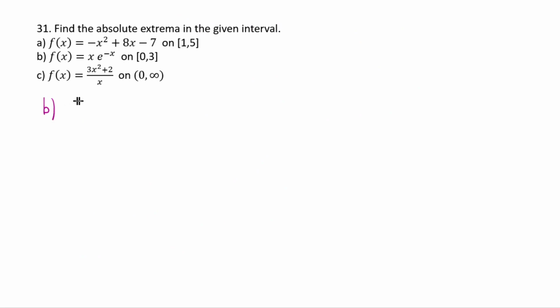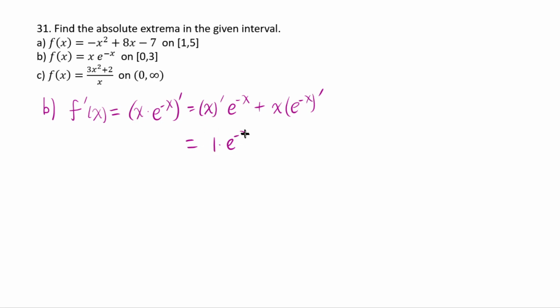It's the same kind of question, except that it requires a little bit more care when you differentiate, because it's a product of two functions, right? So when you deal with the product of two functions, you have to use the product rule. x differentiates to 1.